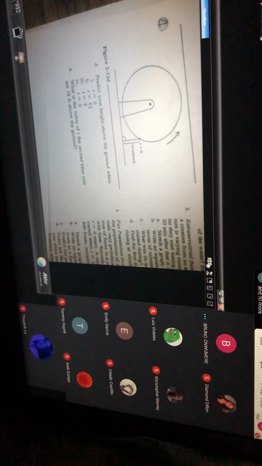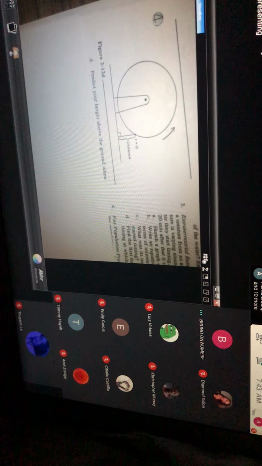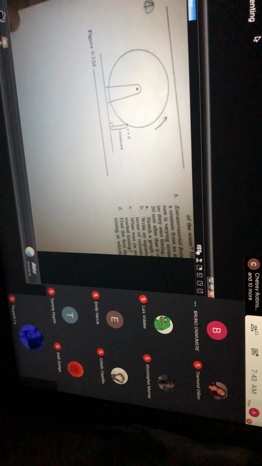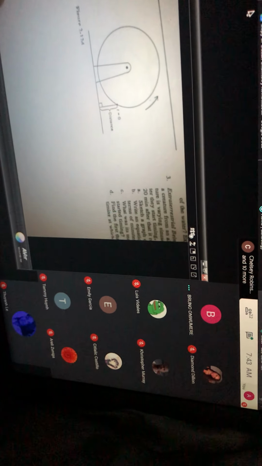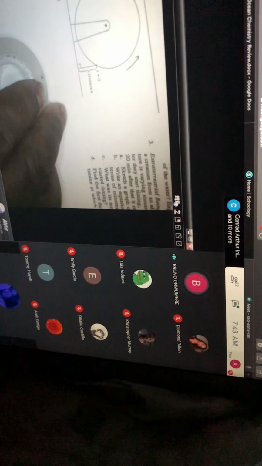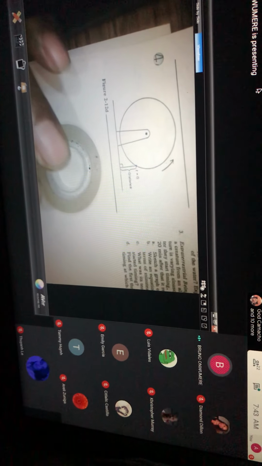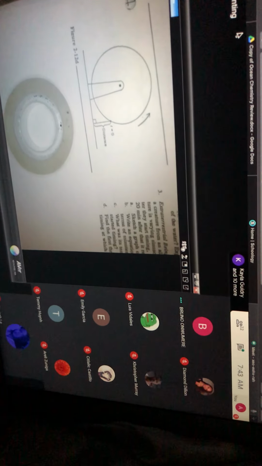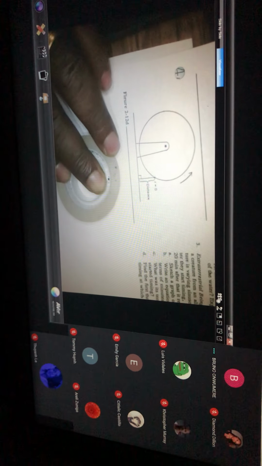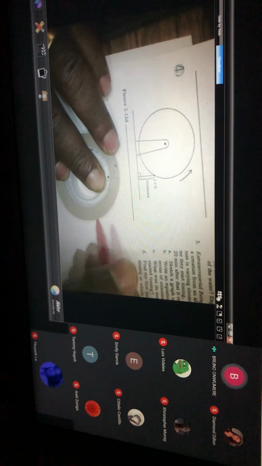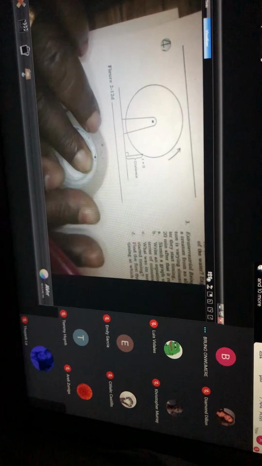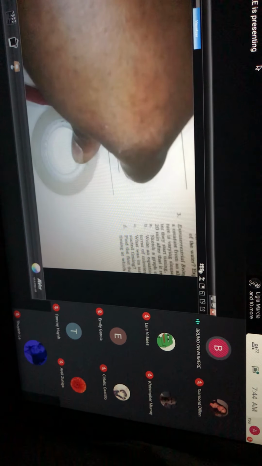I'm going to take a paper. I'm going to try as much as I can to make a circle. Ferris wheel looks like a circle. I'm going to try to make a good circle.